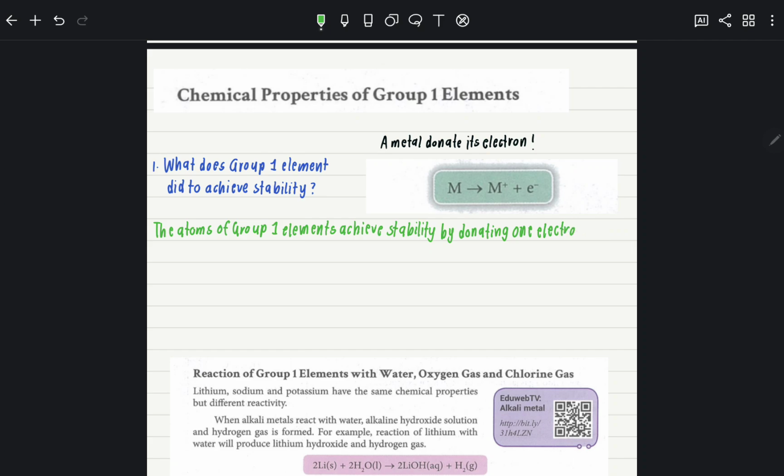Because remember, whatever the chemical reaction, whether accepting, donating or sharing, it's all about the valence electron. By donating one electron, that's enough.